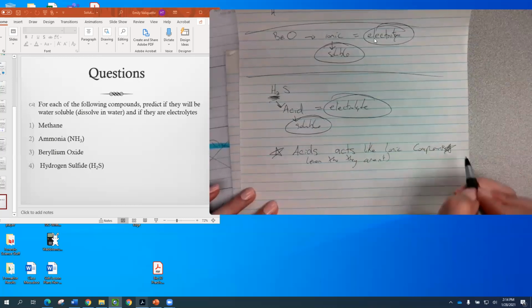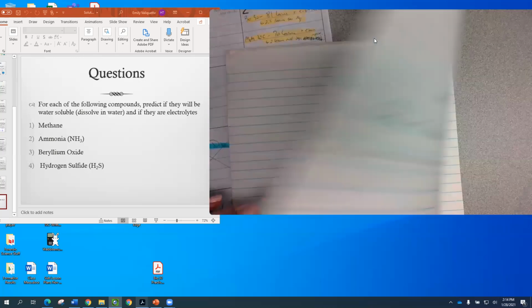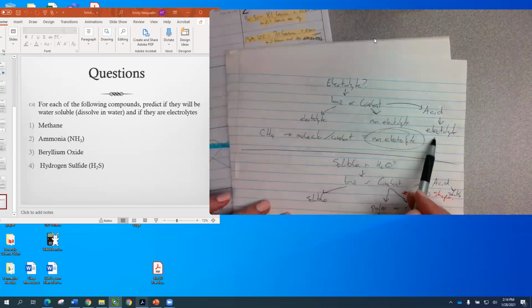Okay, so just keep that in mind. The same is also true for bases. Bases will act like ionic compounds, even though they're not. So whatever you would normally do for an ionic compound, the same will always be true for an acid as well.